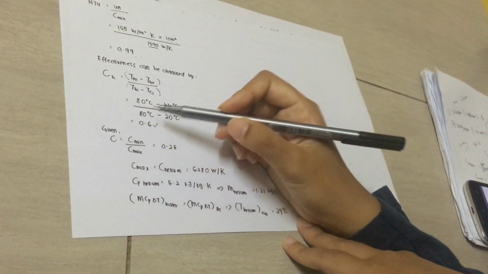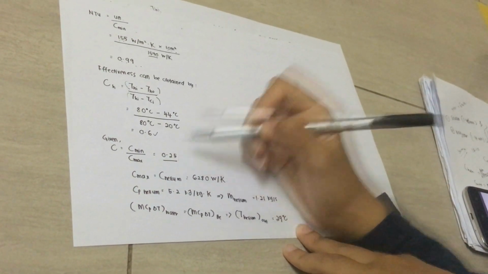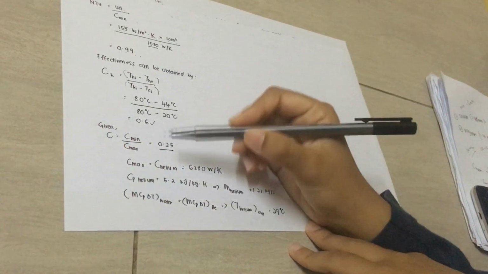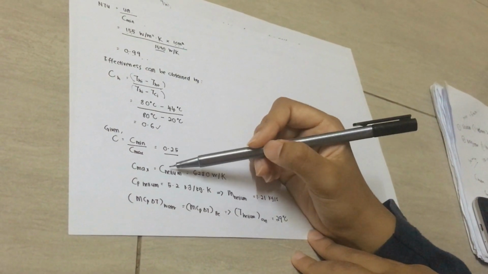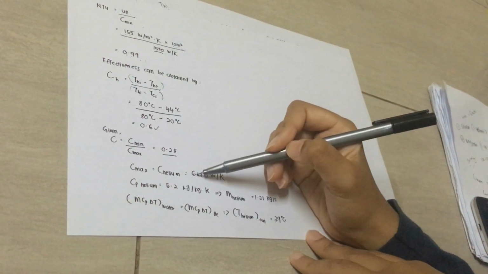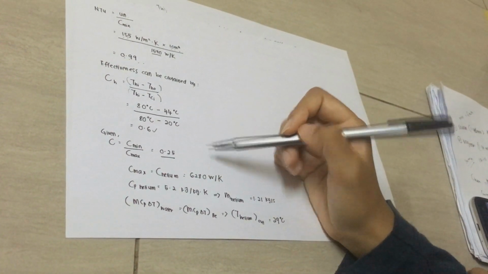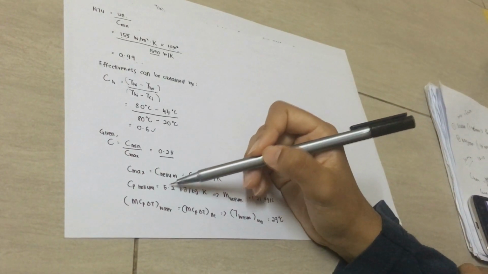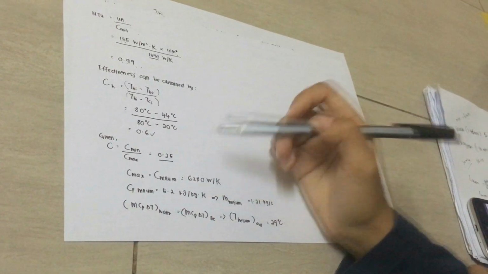Given that C is 0.25, then the C maximum is the C helium, which is 6280 W over K. Cp helium is 5.2 kilojoule over kg/K.